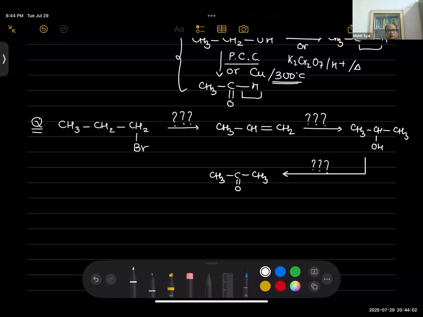Yes. So the first option, what should be the answer? Quickly tell me. Isha, Marwa, tell me quickly. What should be the answer to the first question?